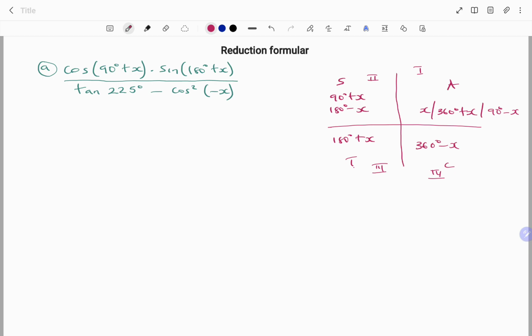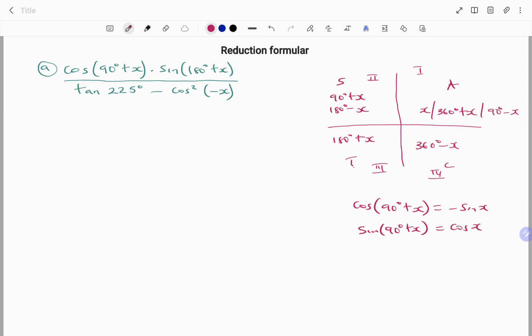Going back to our example, cos(90° + x) falls in the second quadrant, and using the trig identities, we know that cos(90° + x) equals minus sin x, and sin(90° + x) gives us positive cos x.